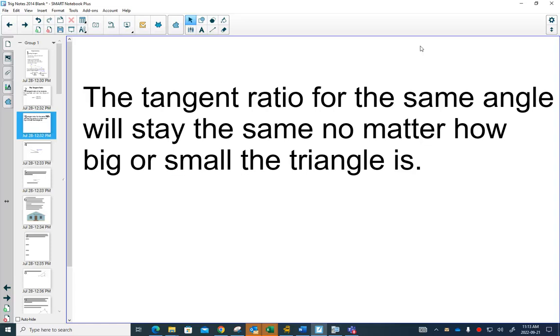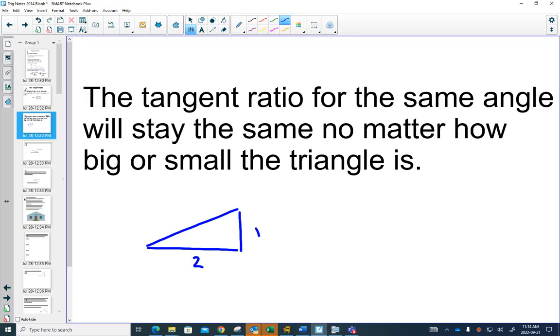So what that means, and this is very powerful, is no matter how big or how small you draw a triangle, the angle always stays the same. The ratio always stays the same. So for example, if I draw a triangle and let's say I make this side 1 and this side 2.